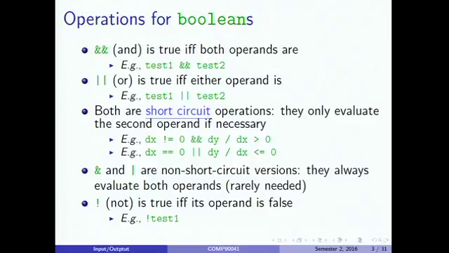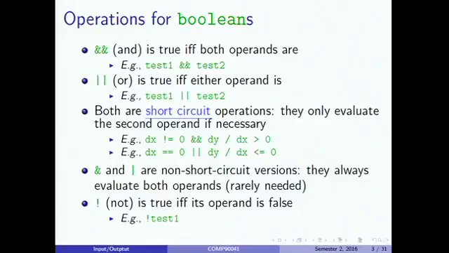If it didn't, if we went on and evaluated the right-hand side when dx is 0, then we'd be dividing by 0 right there. And your program crashes. You get an exception, and your program crashes. Okay, so the short-circuit operations are useful for that sort of thing. That's a very typical sort of case of where you'd want to use it.